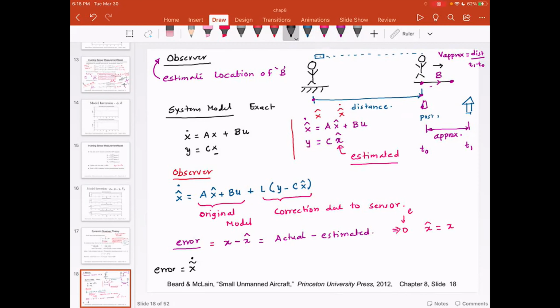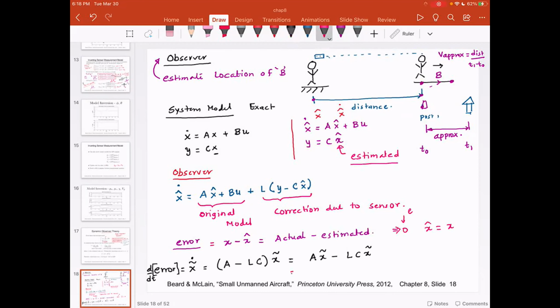So d by dt of error, and I'm going to call it x tilde, is equal to A minus LC x tilde, which is nothing but A x tilde minus L C x tilde.